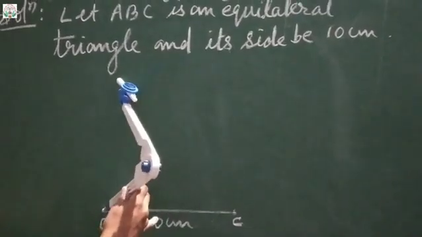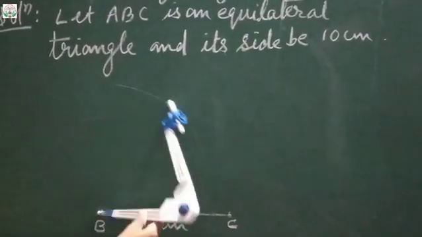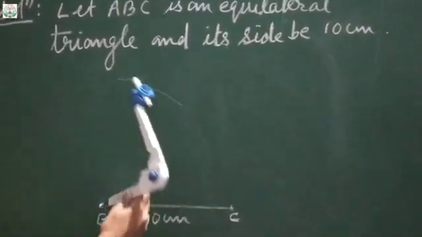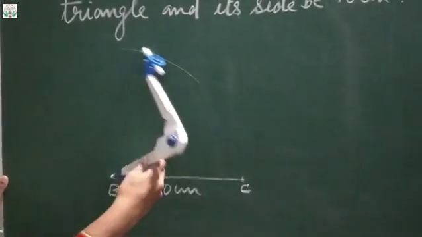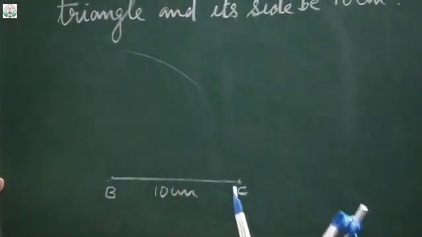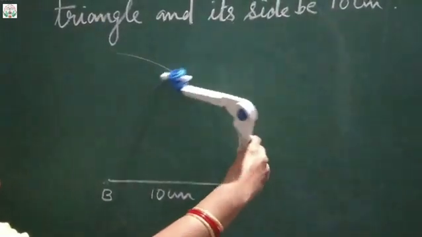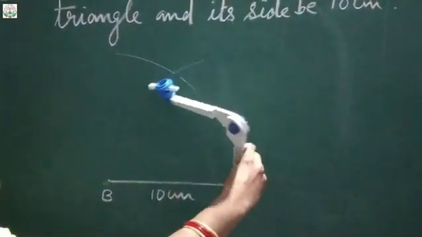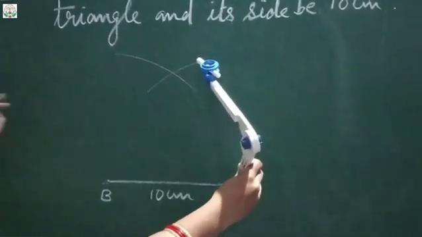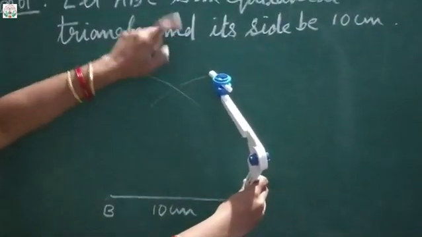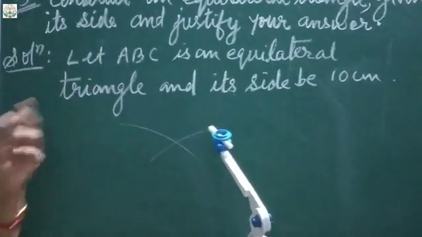Now with the same measurement I will draw an arc, and the same at C also, I will keep the compass and draw an arc of the same measurement. That means 10 centimeters, because the sides are given as 10 centimeters and it is an equilateral triangle, which means all sides are equal.